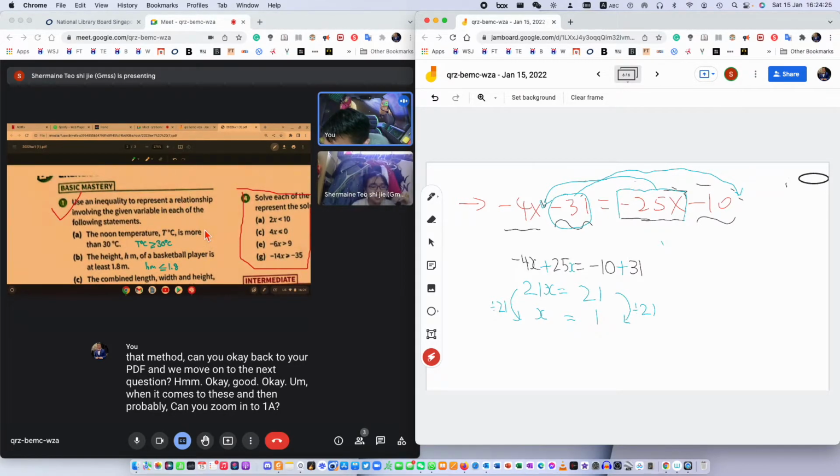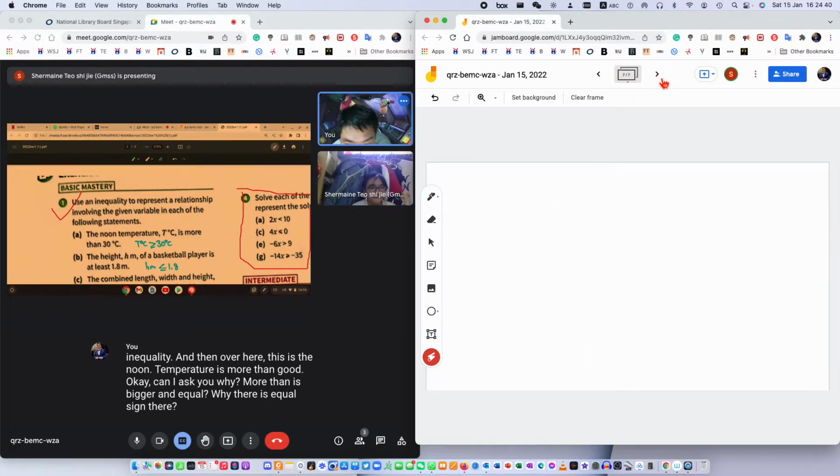Okay, thank you so much. They ask you to use inequality, and over here it says the noon temperature is more than. Can I ask you why more than is bigger and equal? Why is there an equal sign there? More than means what? Do you think you need an equal sign? No. Then how come you have an equal sign?